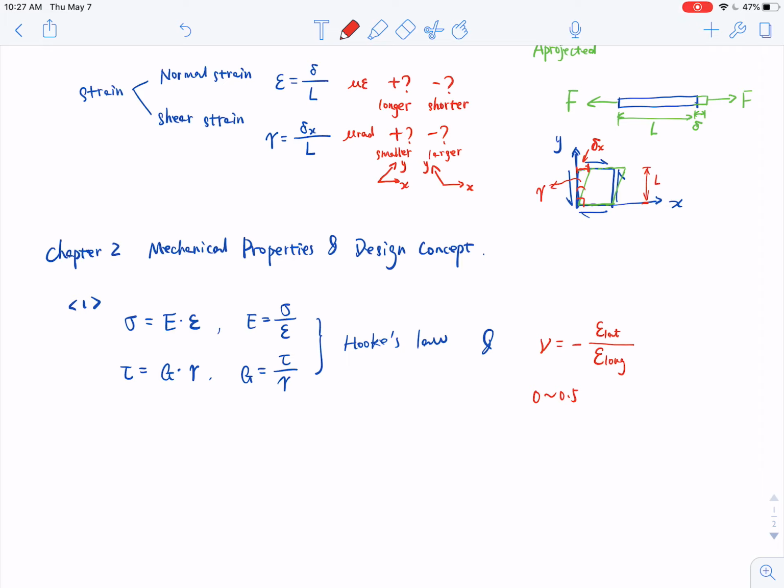In other directions, it will become shorter, or negative. When you compress components, it will become shorter along this direction, but along the perpendicular directions, it will tend to expand. So these two strains will always have opposite signs. So this Poisson ratio is normally a positive number, because these two have opposite signs.